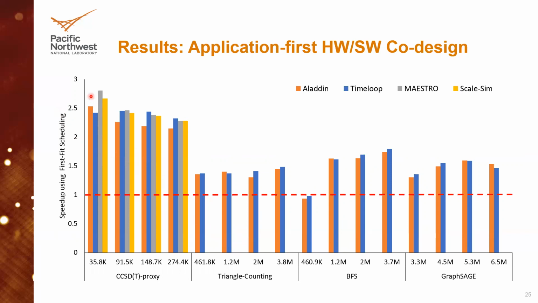These are some of the numbers we obtain, and each design point from a different simulator means the latency of performing one specific compute unit operation is obtained through these simulators. We can see that for the dense application, in this particular case, we have high speedups, and for sparse, we have a little bit less speedup.